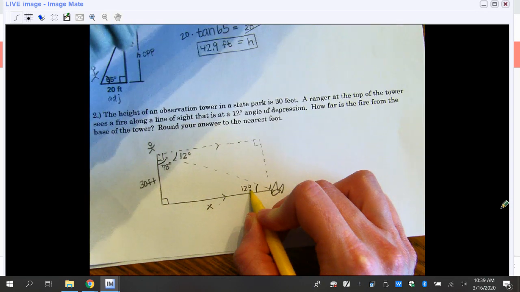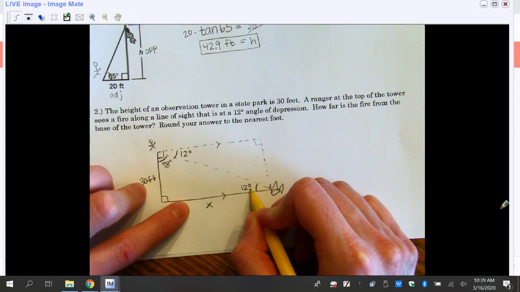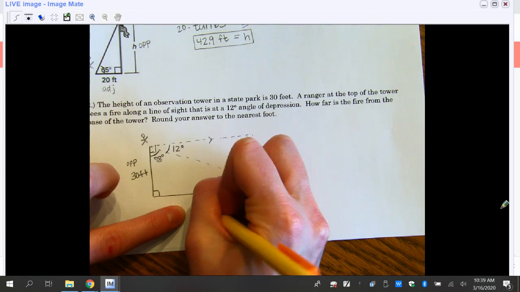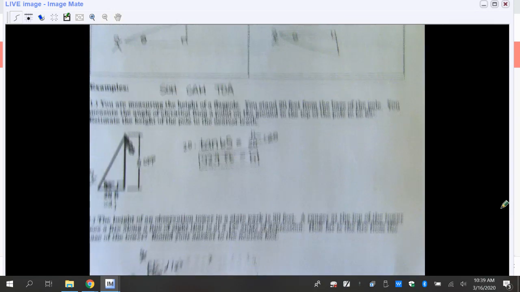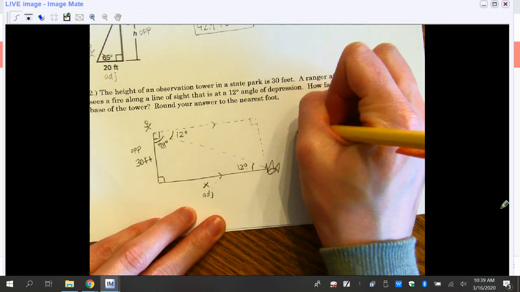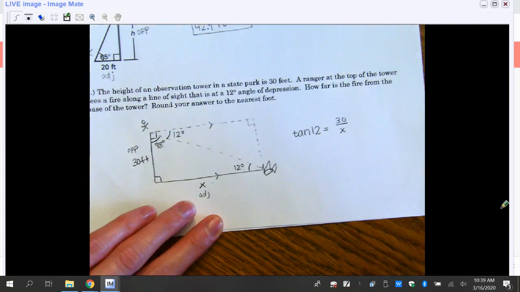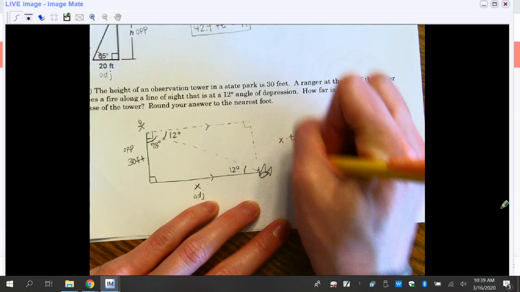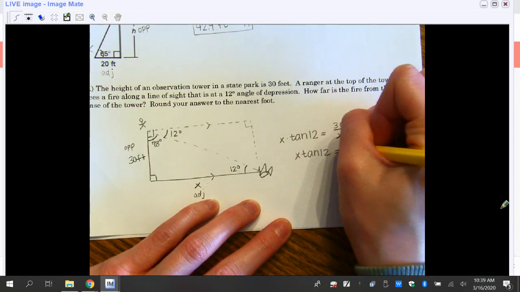If we label our sides appropriately, these are the two sides that I'm trying to relate, right? So the 30 would be the opposite side, and the X would be the adjacent side. And so opposite over adjacent, that would be my TOA, tangent. So the tangent of 12 is equal to 30 over X. Always start by clearing your fraction. So now I have X times the tangent of 12 equals 30.